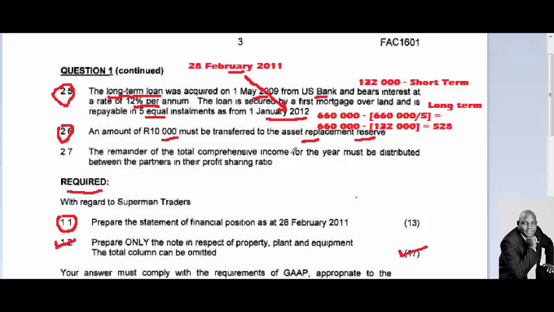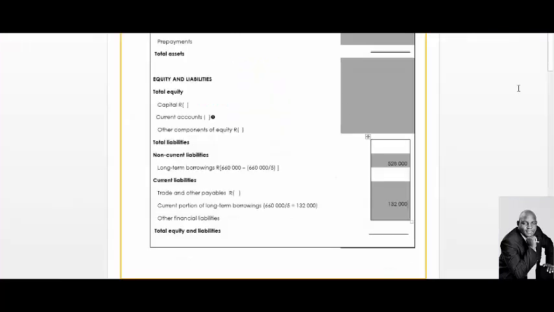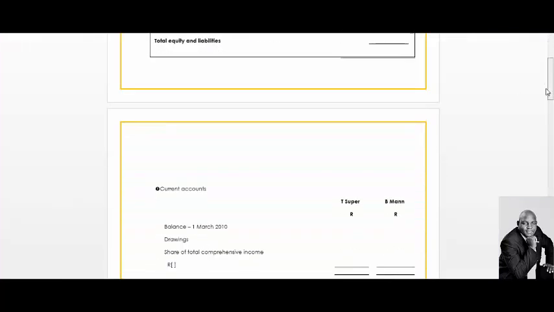So what we need to do here is calculate the comprehensive income. You also need to memorize the layout for the comprehensive income. For this example, I have already set up the layout. You need to memorize the layout and what makes up a statement of comprehensive income.